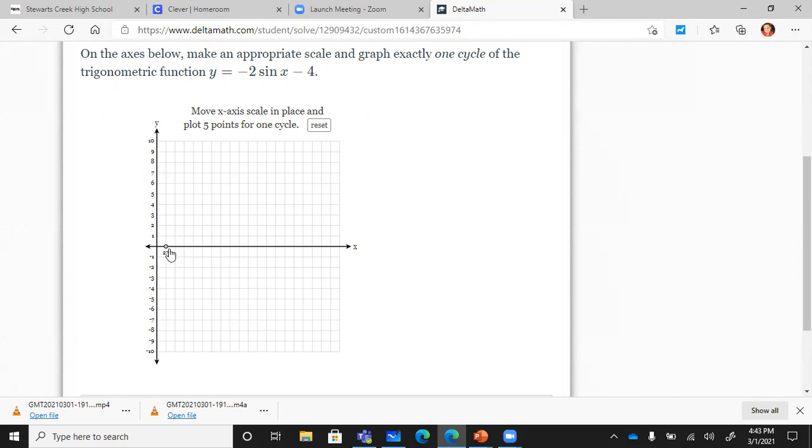Wait, that doesn't make sense, does it, kids? First half, middle, second half, end. Something like that. So that's my scale.